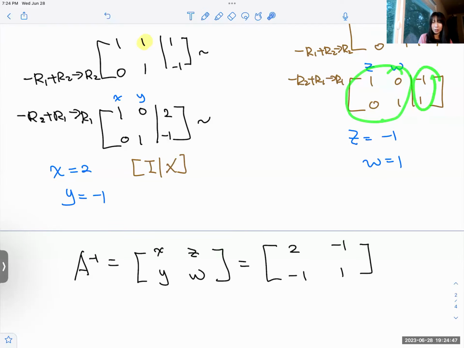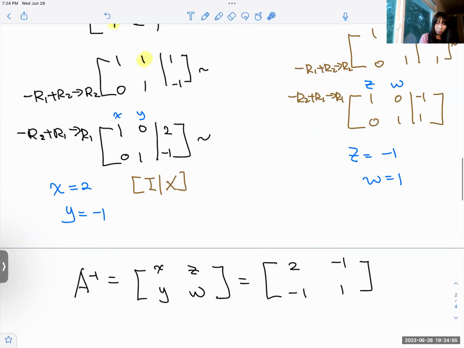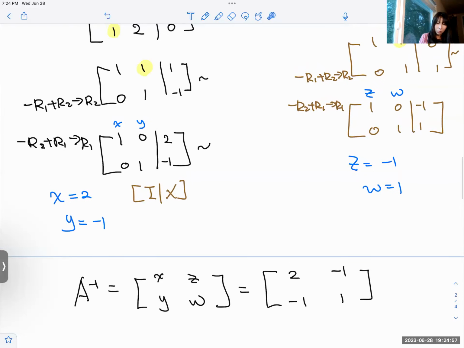And also this is a constant matrix, right? So it looks like this too.